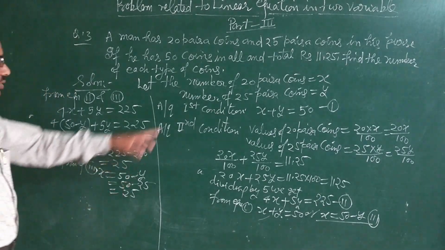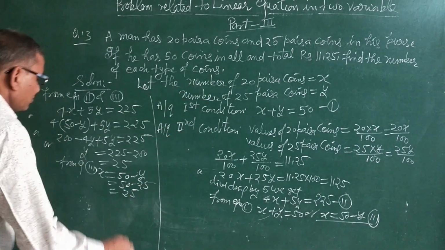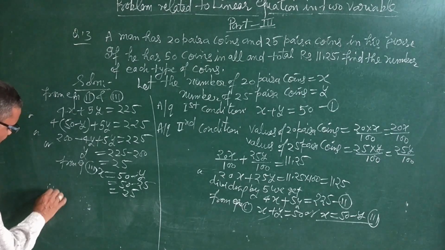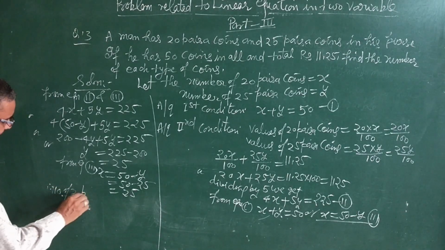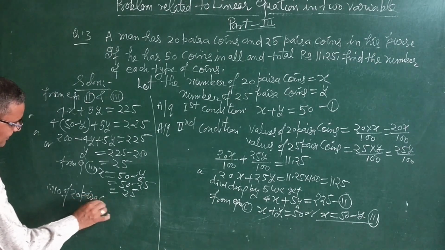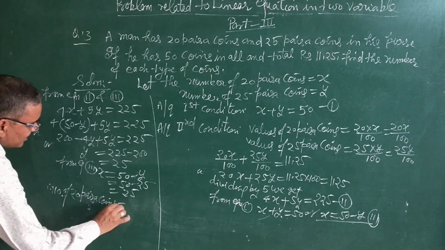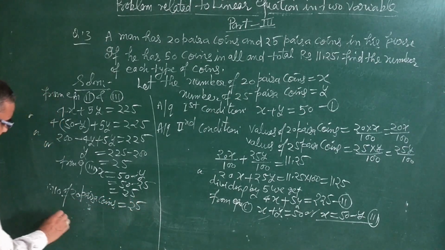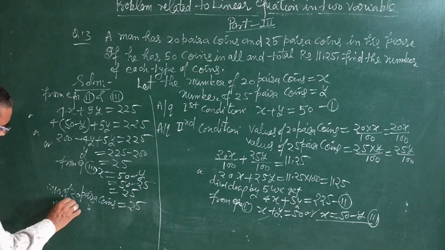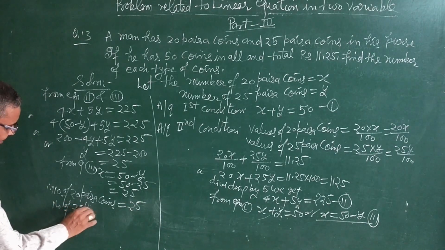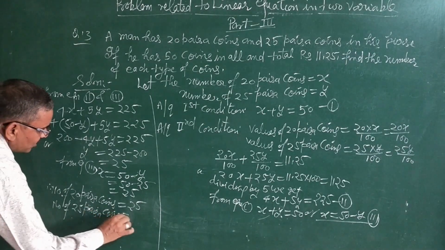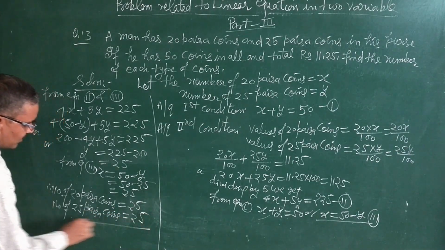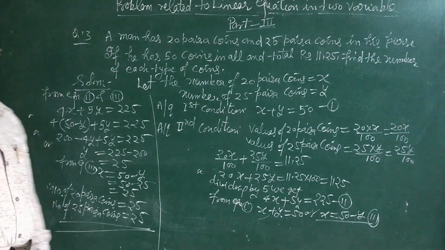Therefore the number of 20 paisa coins is equal to 25 and the number of 25 paisa coins is also equal to 25. Now this is our required solution.